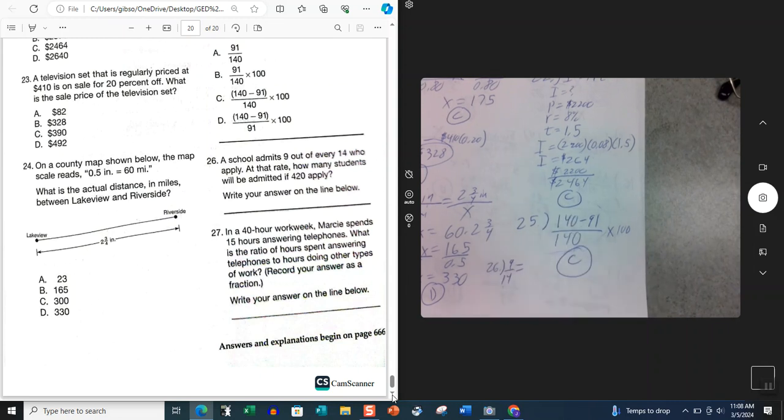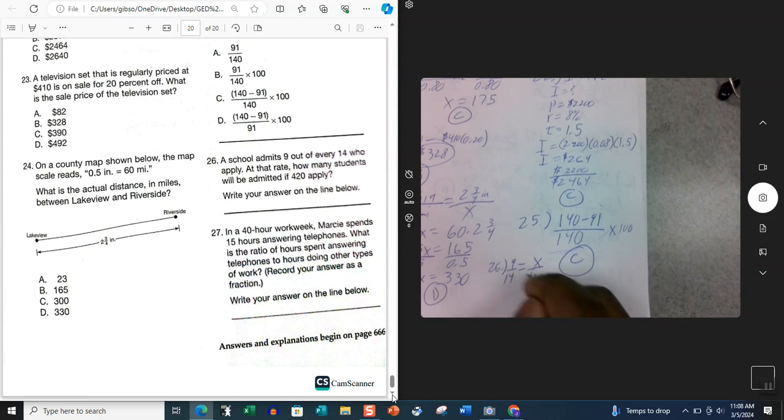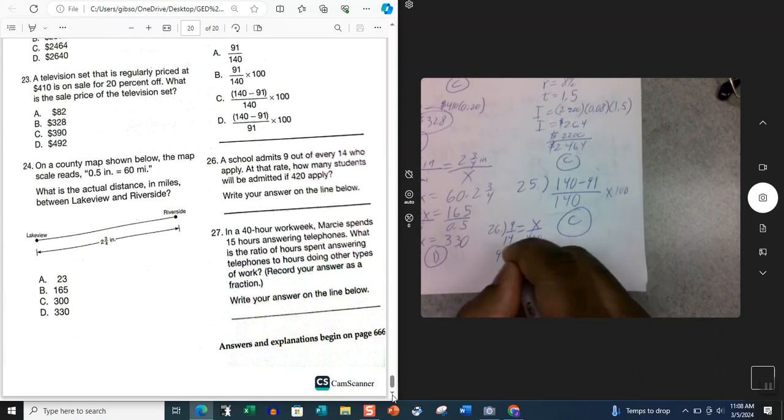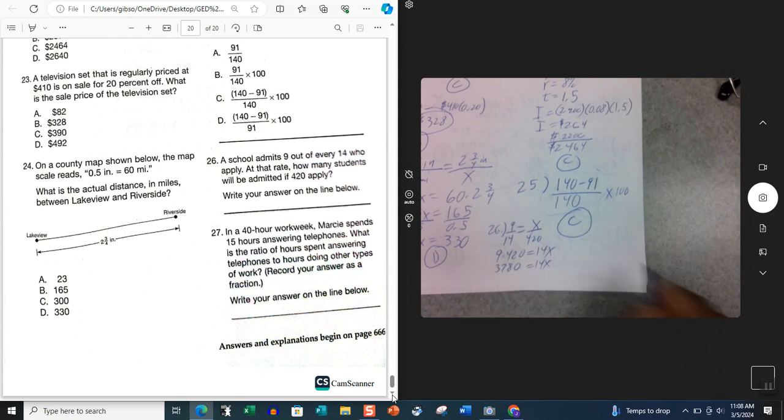So now they tell us that 420 applied, so we need to find out how many got admitted. So we'll cross multiply. 9 times 420 is equal to 14 times x. 9 times 420 will be 3,780 is equal to 14x.